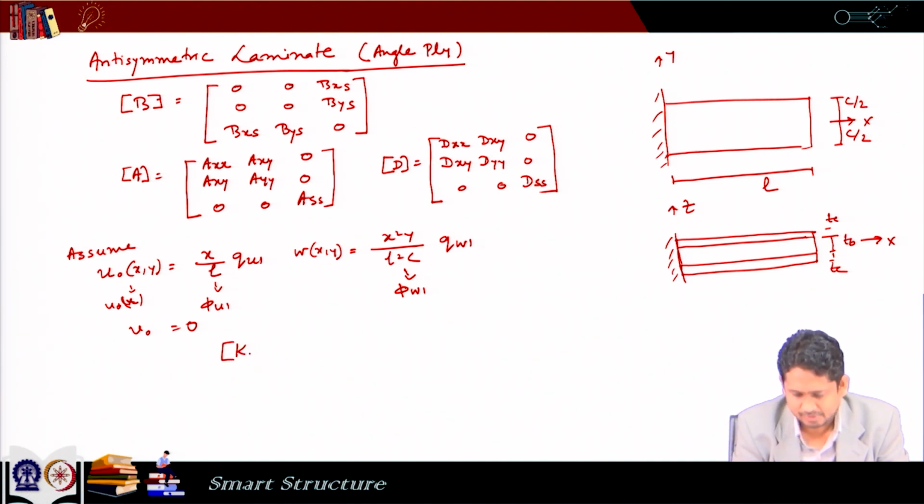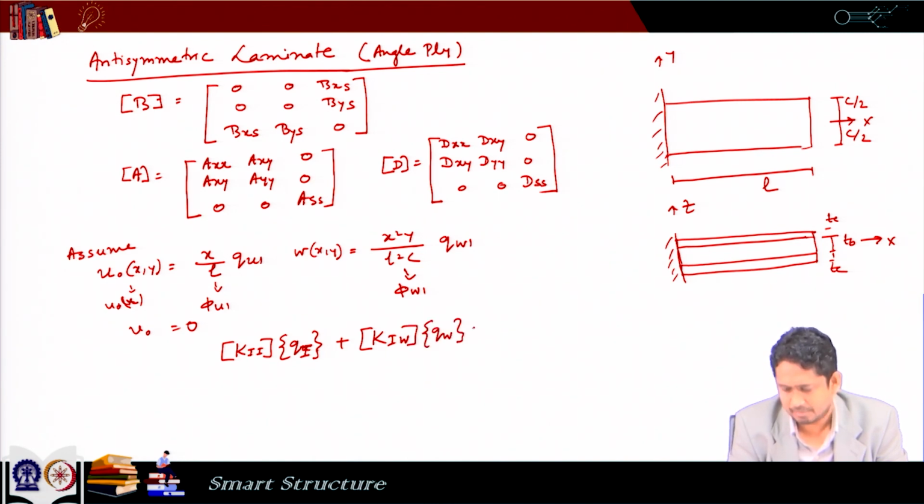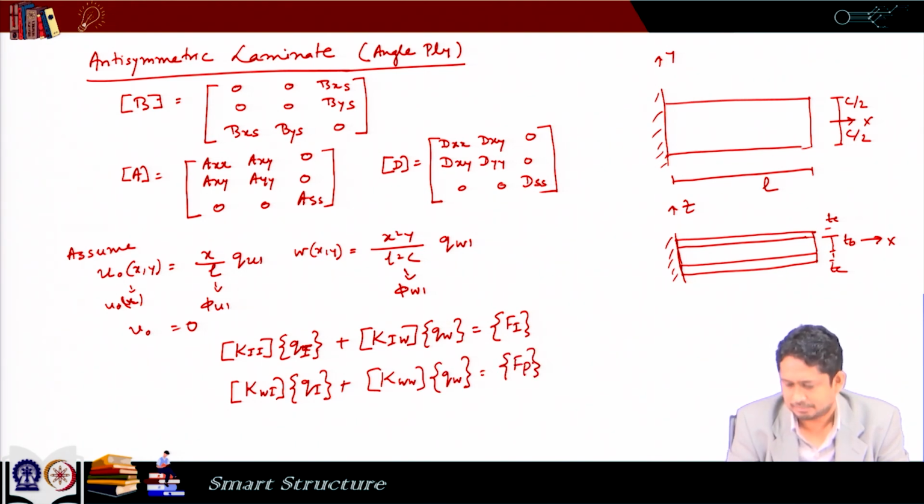We have k_II multiplied by q_I, which we call in plane, plus k_IW multiplied by q_W is equal to f_I, and here we have k_WI multiplied by q_I plus k_WW multiplied by q_W is equal to f_W.